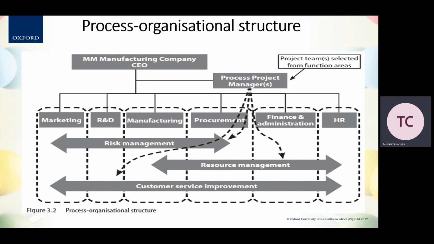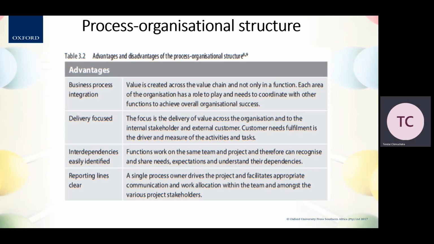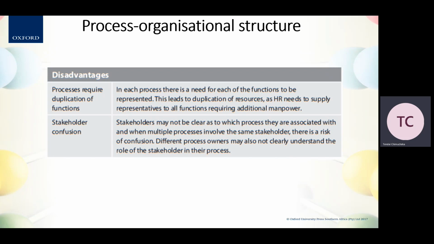And this is a typical example that is also depicted on figure 3.2 of your textbook. It also has its own advantages and disadvantages, which you should go through when you find time.